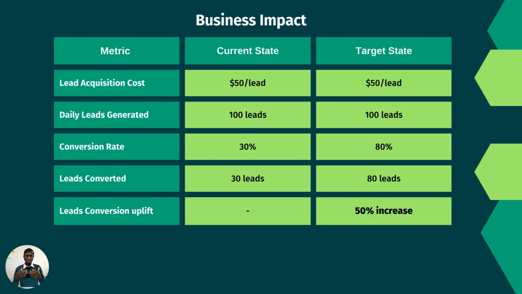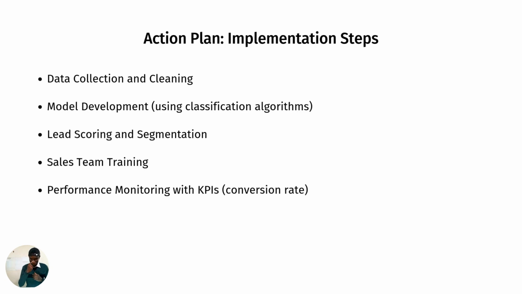Those are the students that will be converting to become paying students. So the leads conversion uplift we can see is about 50%. We want to target a 50% increase in the prospects becoming our paying students, utilizing the different courses that we are offering.